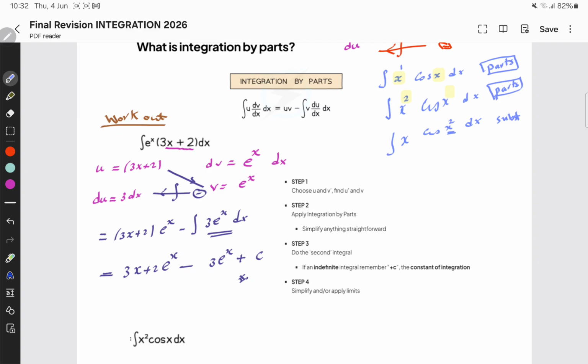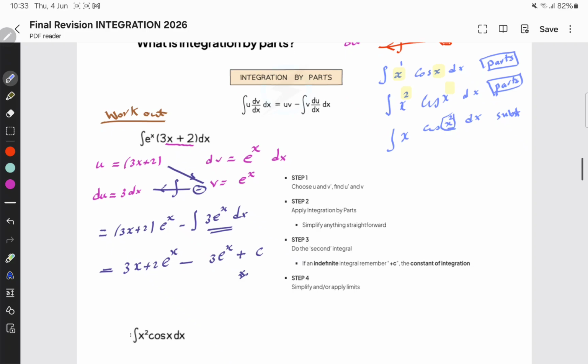If you have multiplication of two different functions, and the outside function has degree equal to the inside function, it's parts. If the outside has power more than the inside by 1, like this is 2 and here is 1, it will be parts. If the outside is less than the inside, it's substitution, and you always set u equal to the inside function.